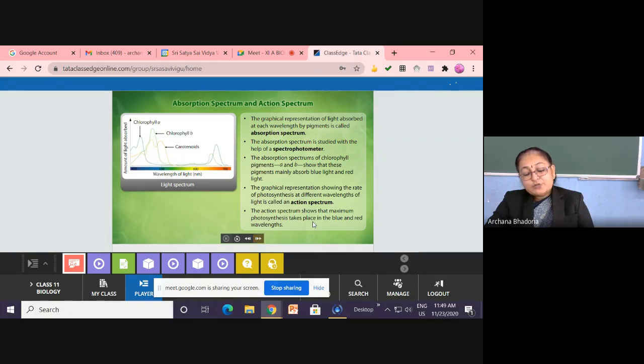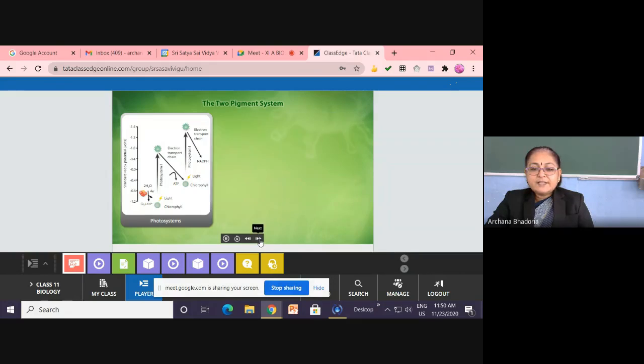This should be known to everyone. It is a very frequently asked question in competitive exams that the action spectrum shows that maximum photosynthesis occurs in which wavelength of light. So it is blue and red.